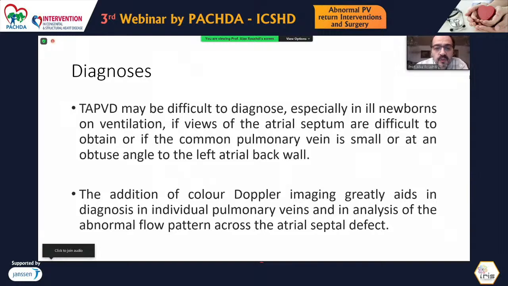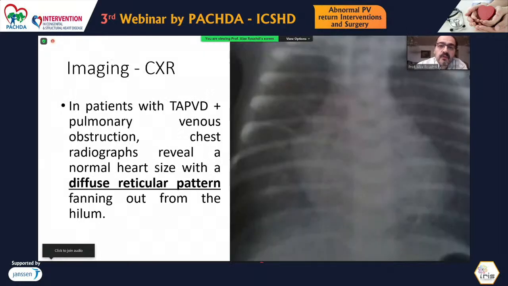But before we go to the diagnosis using echocardiogram, I would like to point out a very common but misused or disused modality, which is the chest X-ray. In patients with total anomalous venous drainage and pulmonary obstruction, there is a peculiar diffuse reticular pattern, as in the chest X-ray seen here in a case of total anomalous venous drainage with obstruction.